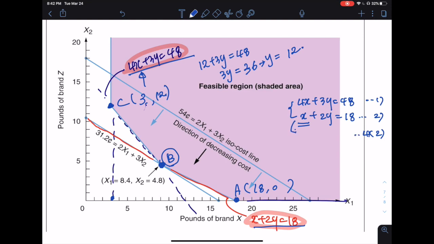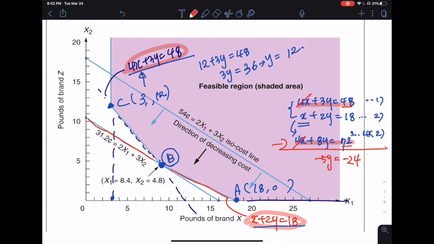Then this equation changes to 4x plus 8y equals 72. Now let's consider these two equations and subtract them. Then 4x is cancelled out, and minus 5y equals 48 minus 72, which is minus 24.